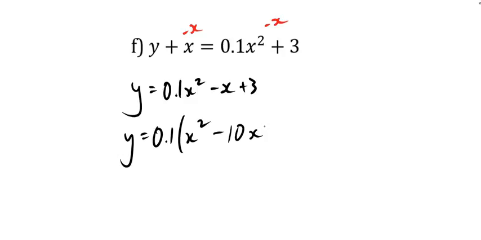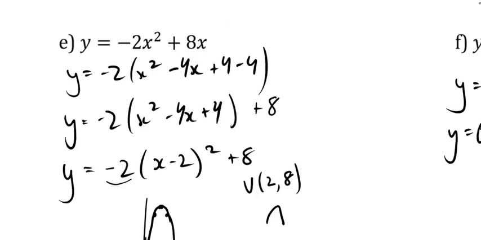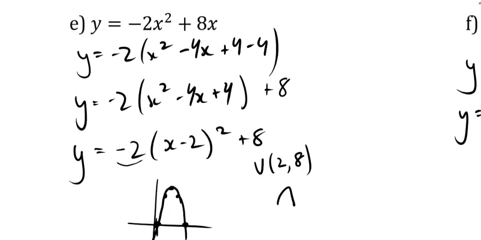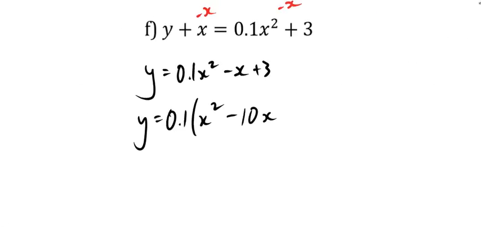Some people, this baffles them, and it never really clicks. What is division? How many times does 2 go into 8? It goes in 4 times. How many times does 0.1 go into 1? It goes in 10 times.